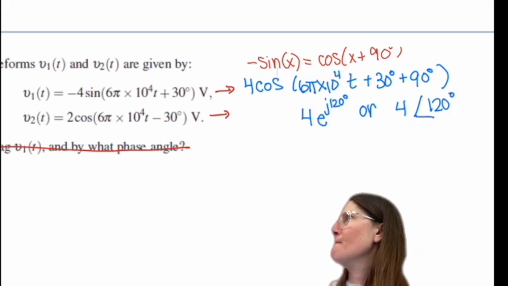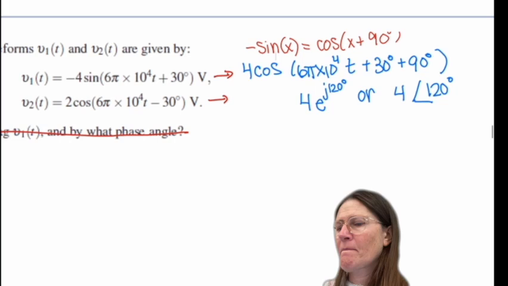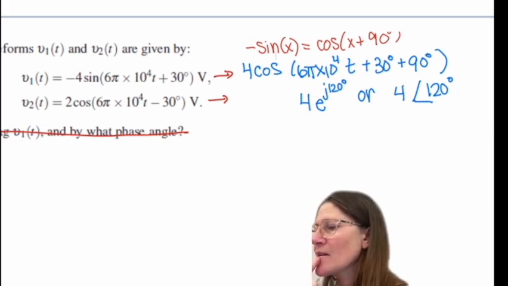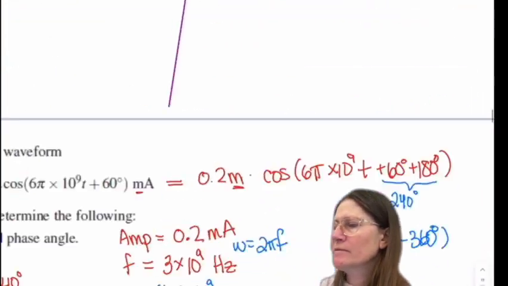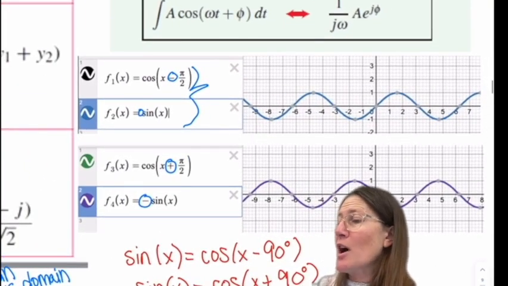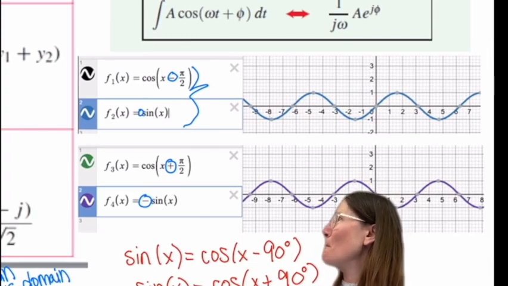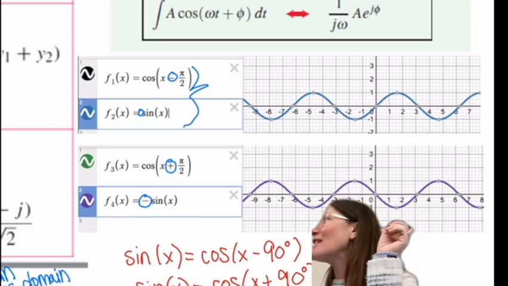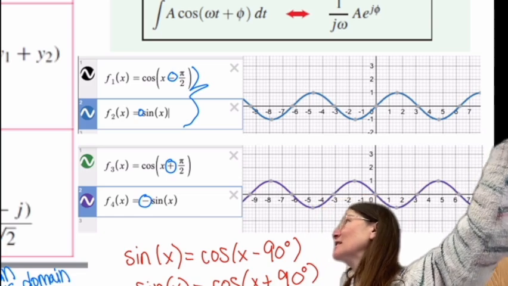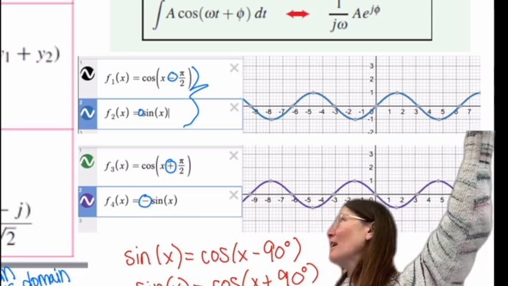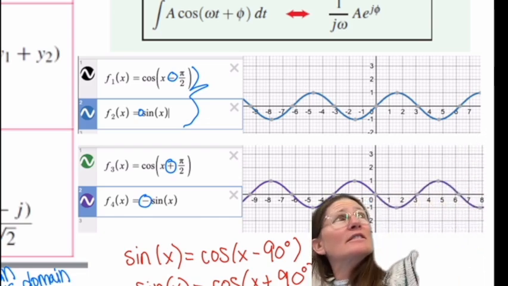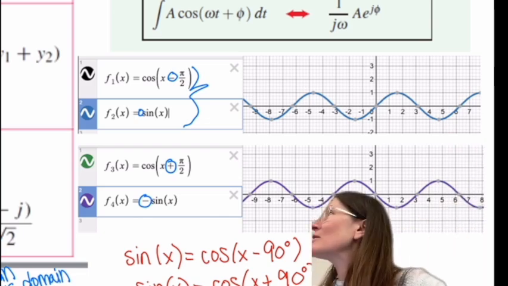Yes? I think I'm misinterpreting the sine chart, like how you add or subtract 90. Could you go over how you make that decision? Yeah, I originally couldn't remember which way it went, so I used Desmos and graphed negative sine, and then cosine of x plus 90, and cosine of x minus 90, and it matches the exact graph of x minus 90.